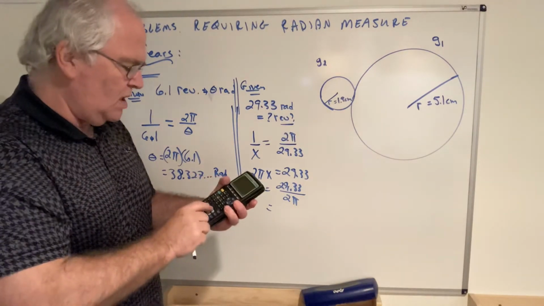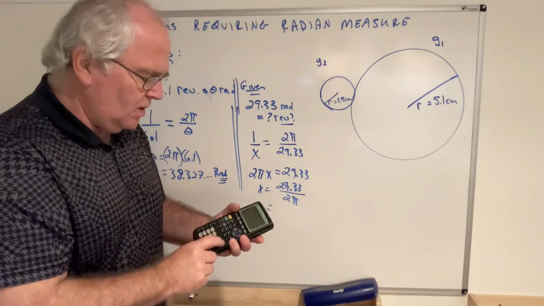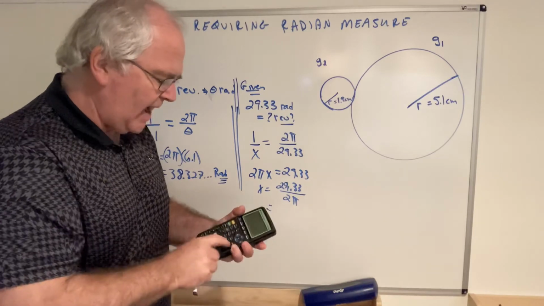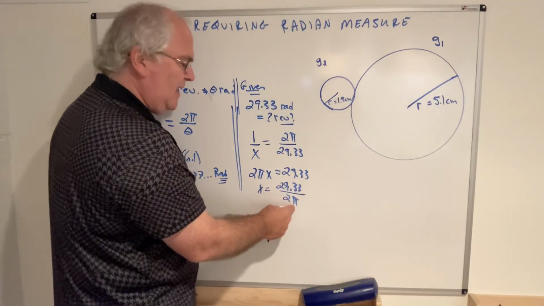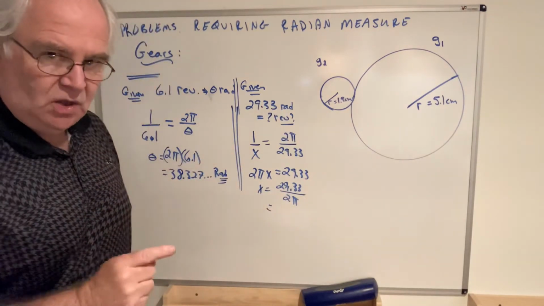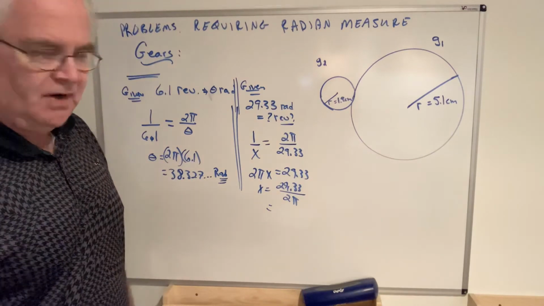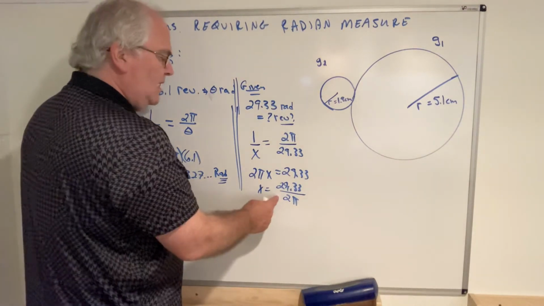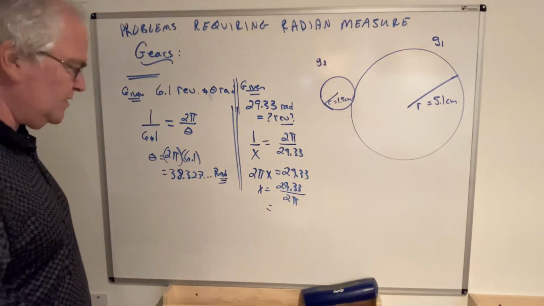I'm going to put 29.33 divided by 2 times pi, and I get the wrong result. I get the wrong result because the order of operations is messed up. And so this gives me something like 46.07. That's not the correct result.